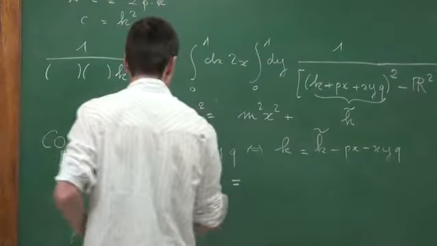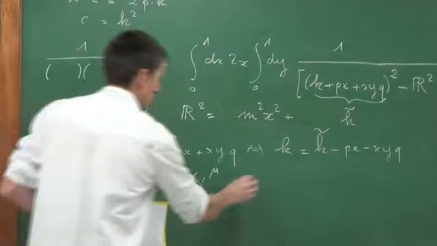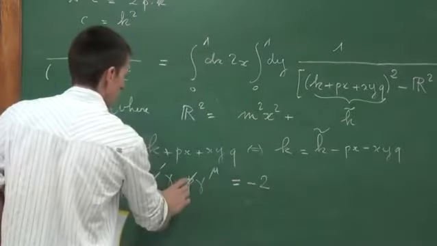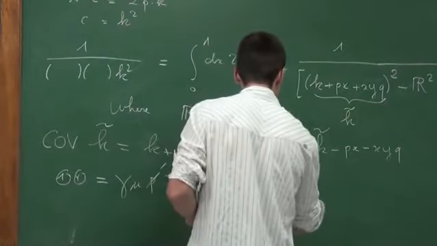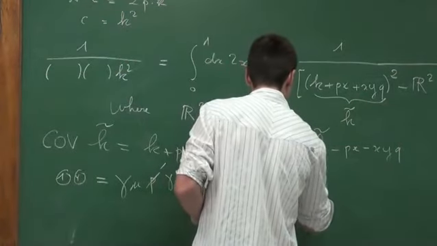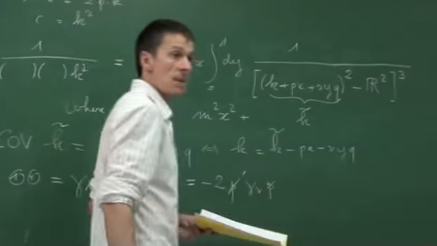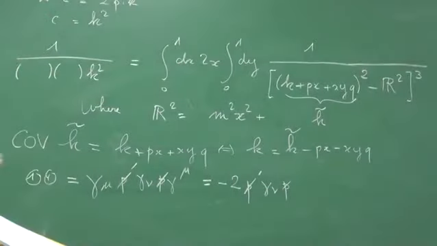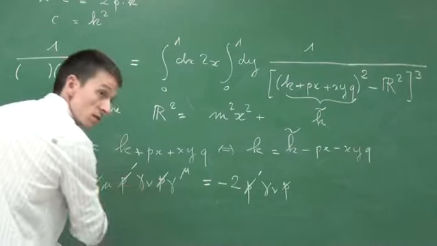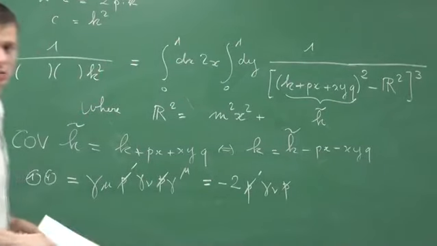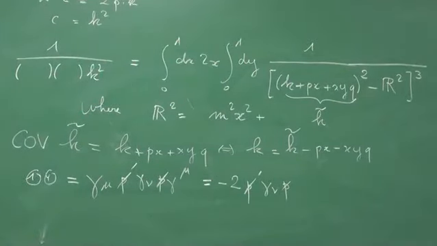This is, in fact, equal to minus 2, inverting the P and P prime: P prime gamma mu P. There are formulas that you have to know, of course, for contracting the gammas, and you can easily demonstrate this. You can also know it by heart.